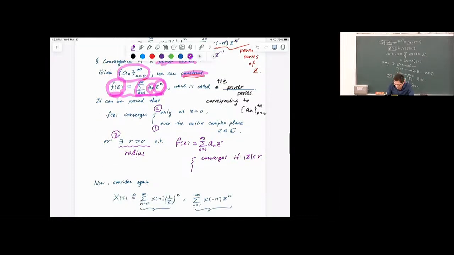But it might be helpful to draw a complex plane, okay? So the complex plane has the real part and imaginary part.